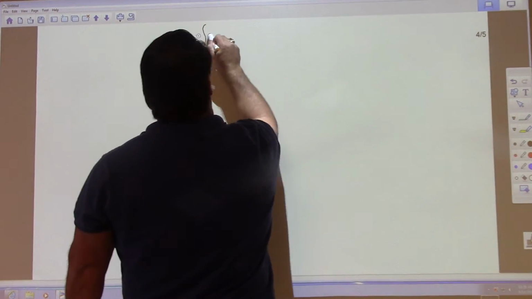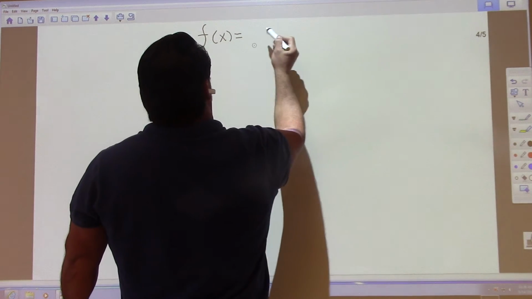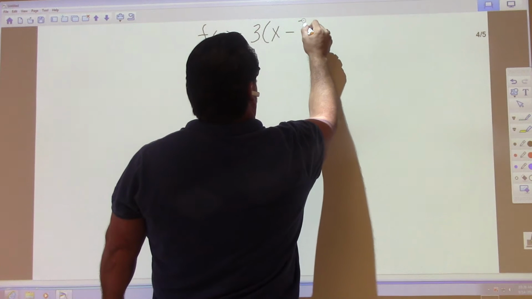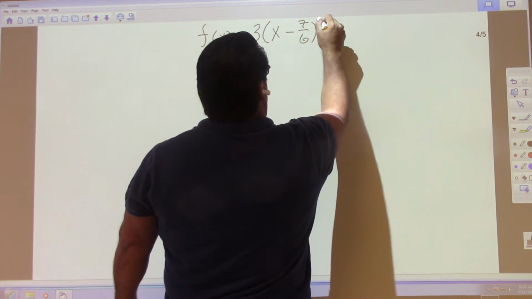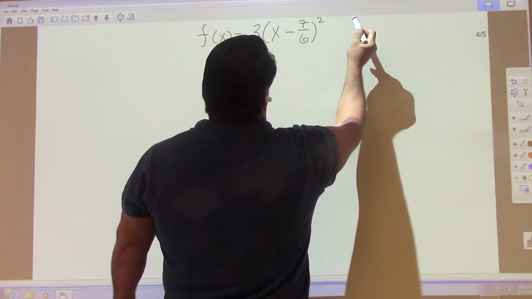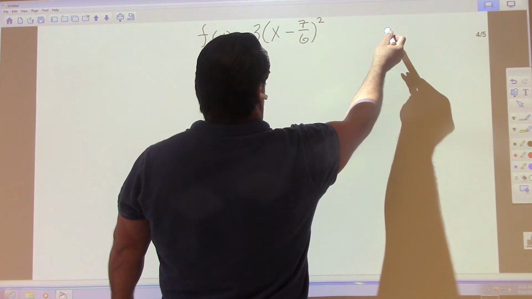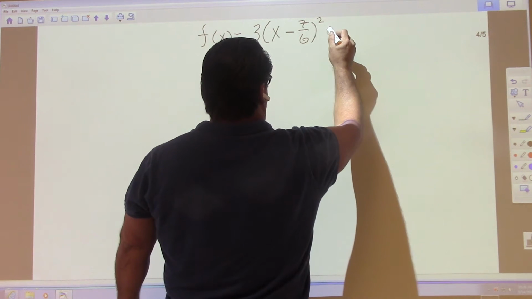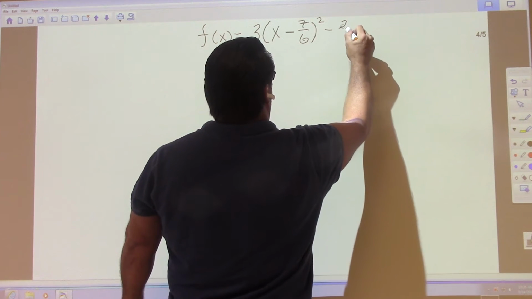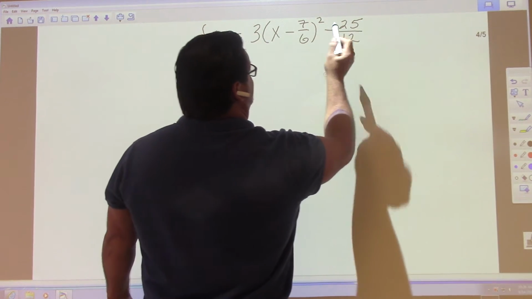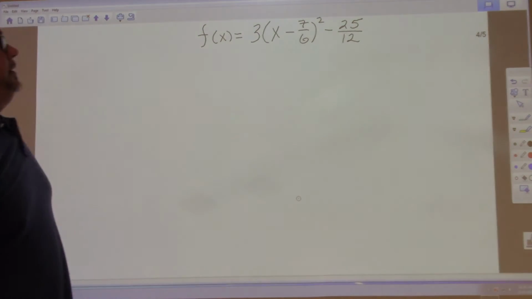f of x is equal to 3 times x minus 7/6 quantity squared minus 25 over 12. Was it minus over here across the equal sign, or was it plus? Just positive. Okay, so that's going to be minus 25 over 12. All right, that's what the f of x would look like. I wrote f of x up there, I'm sorry.